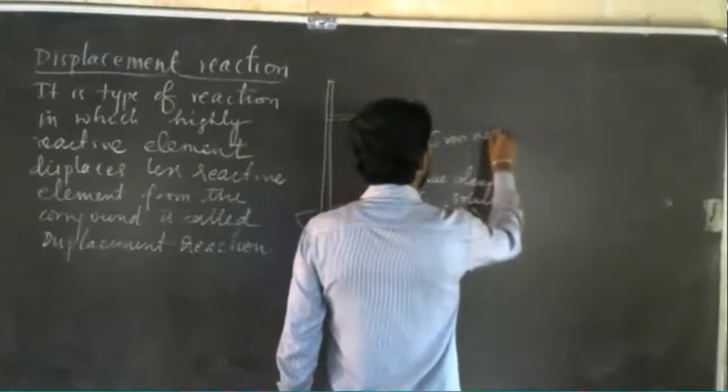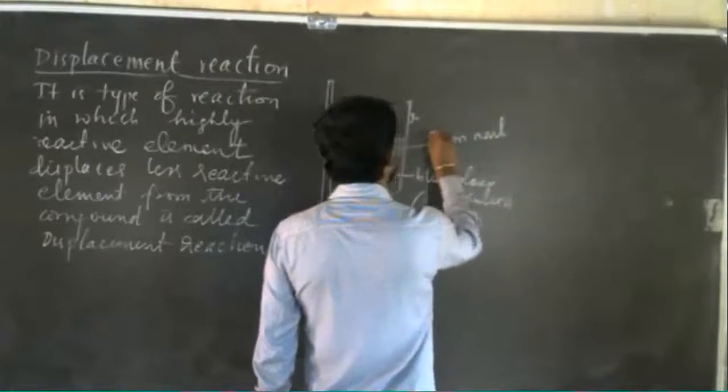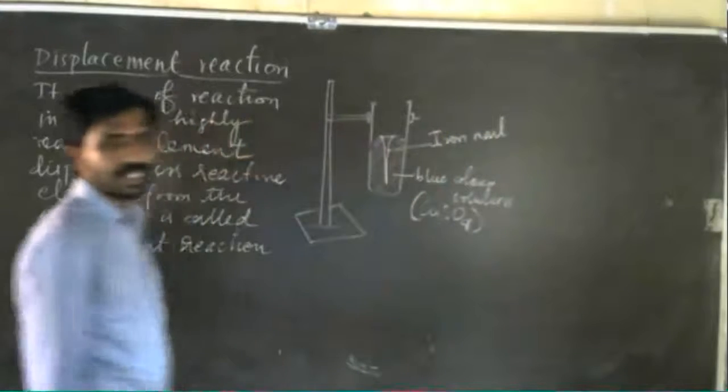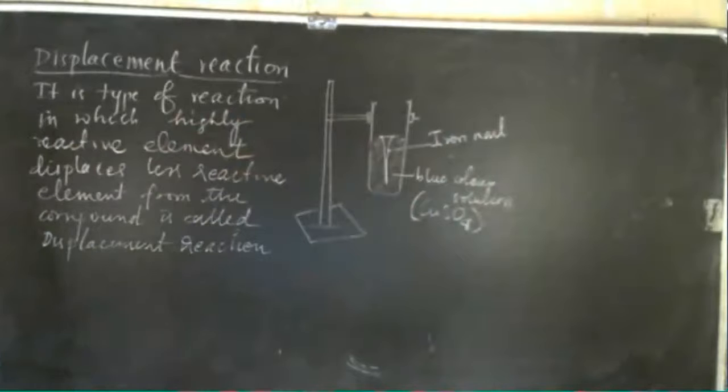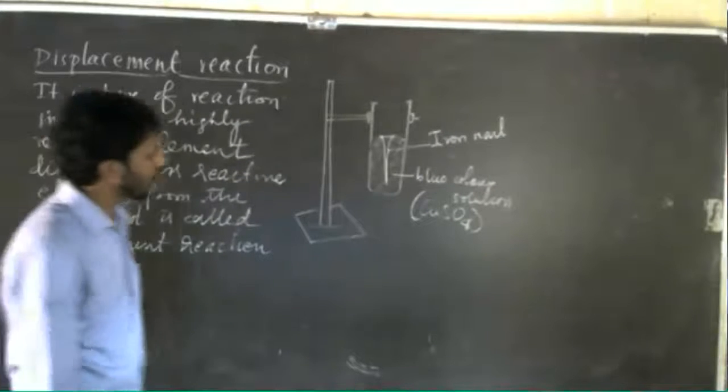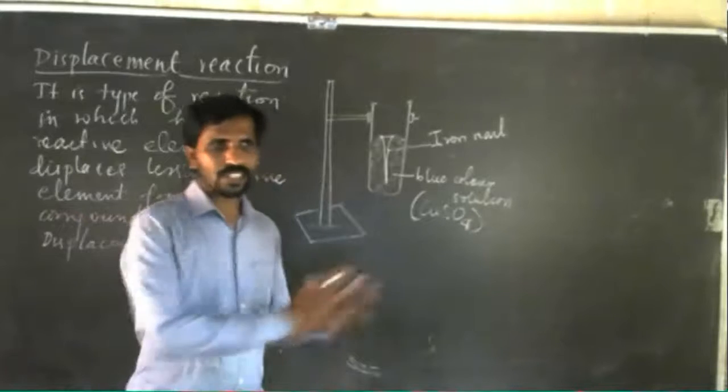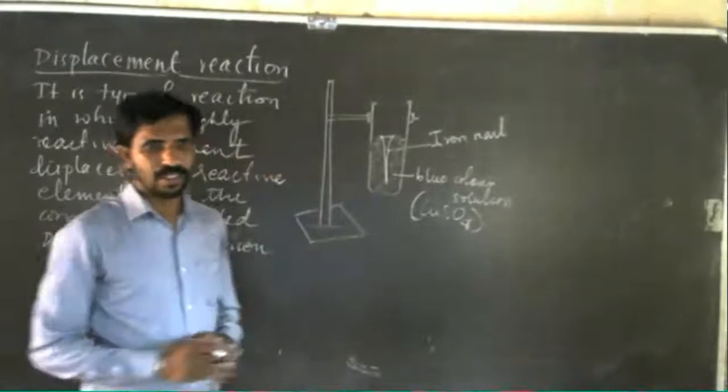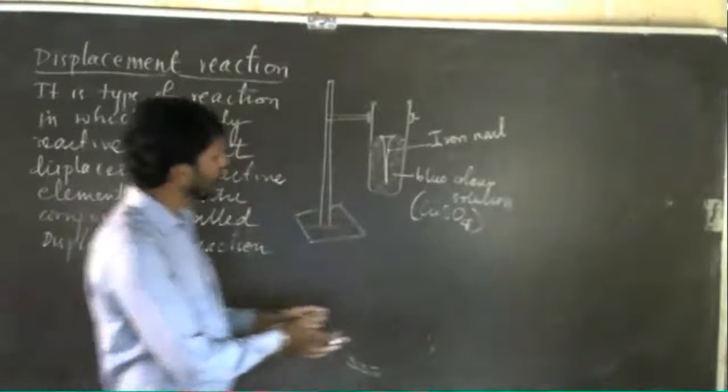The color of the new iron nail is gray, silvery, a grayish color.